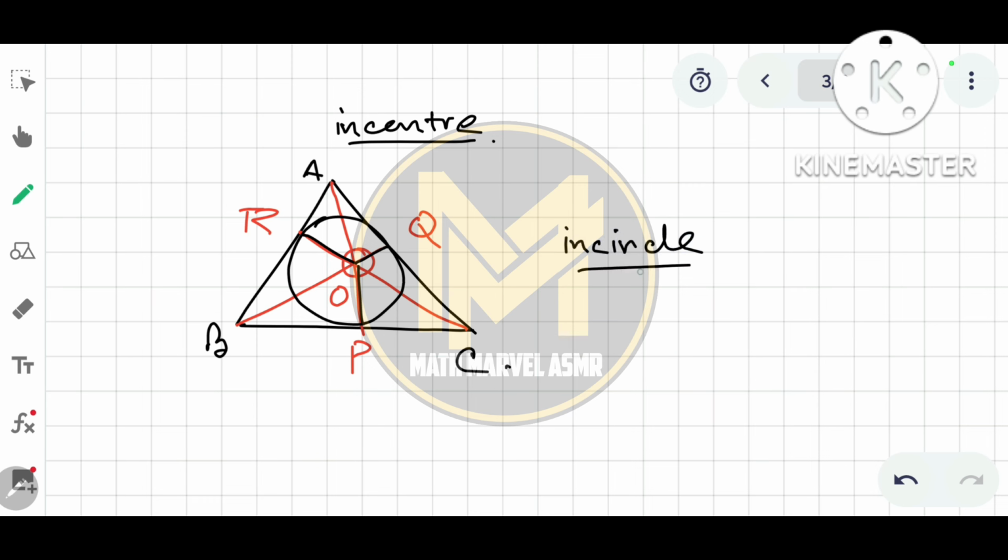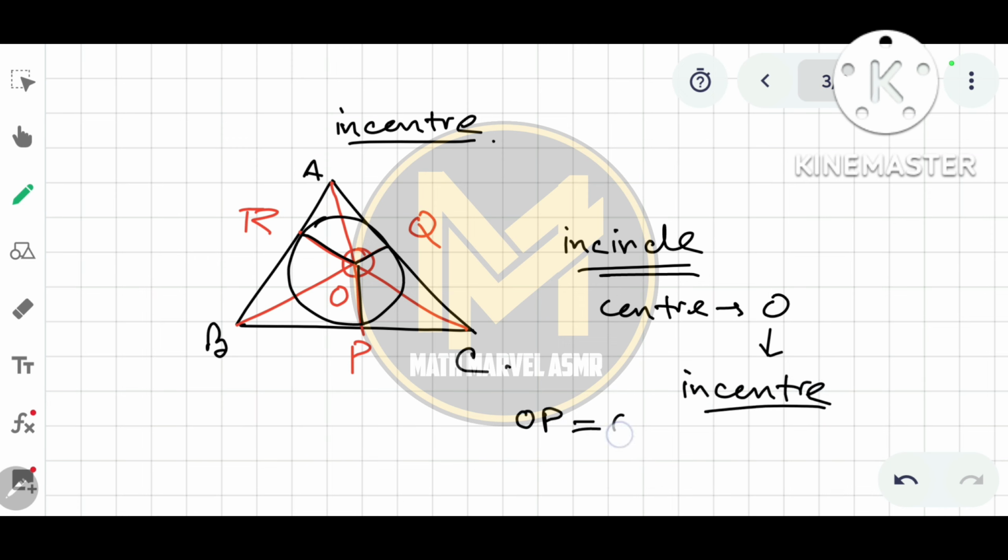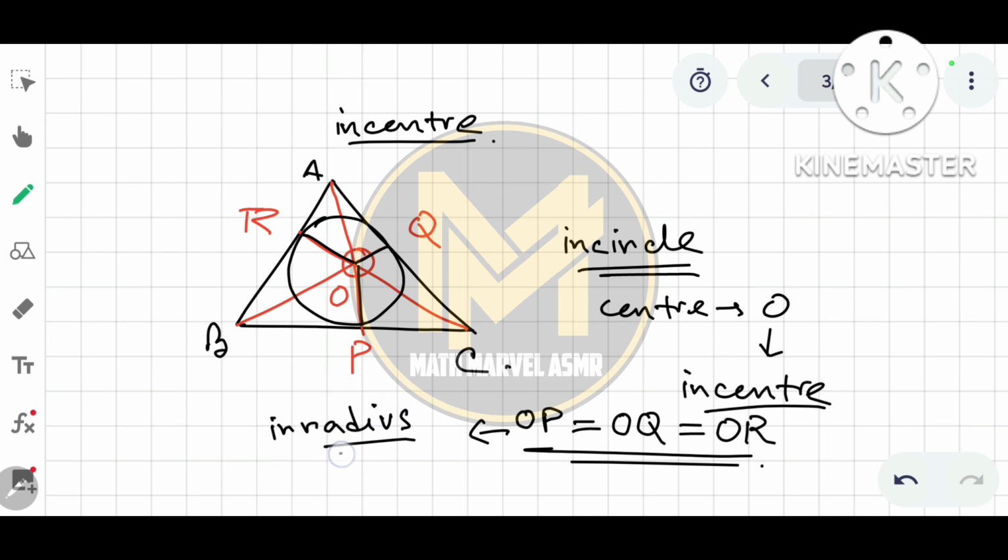This is the incircle having centre O, and that is called the incentre. Here OP equals OQ equals OR. These three are equal since they are the inradius. I think the incentre concept is crystal clear to you.